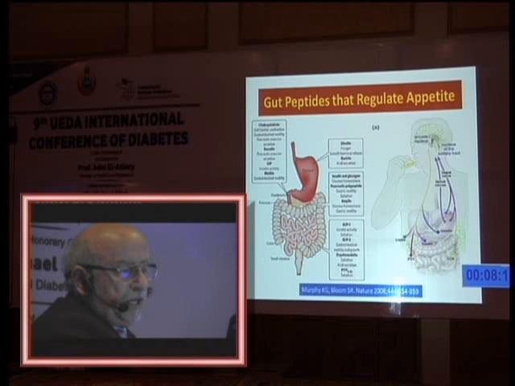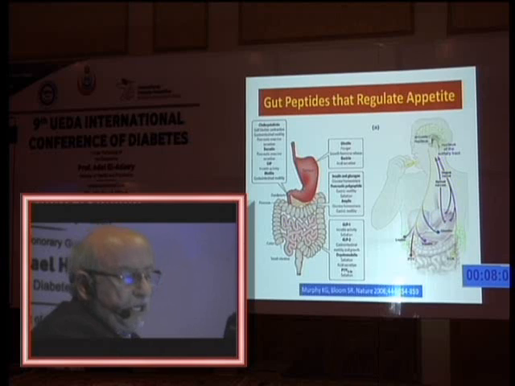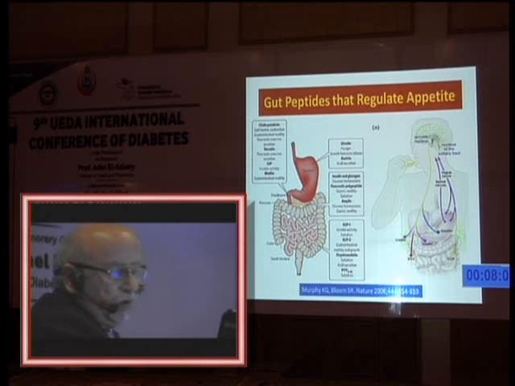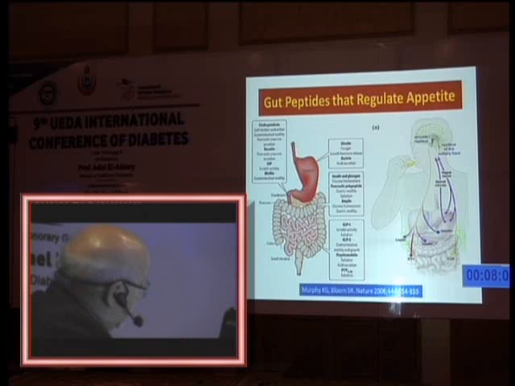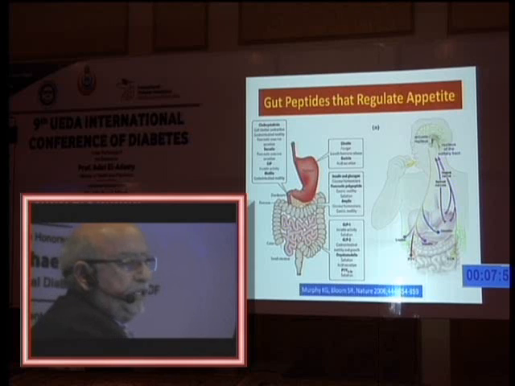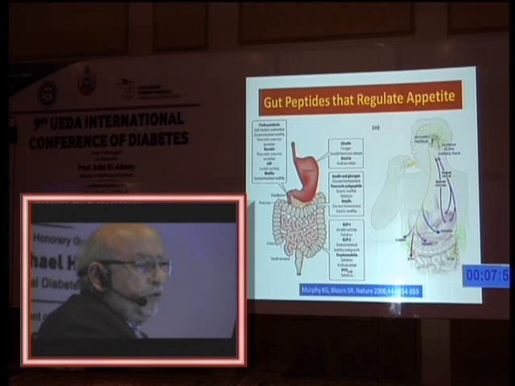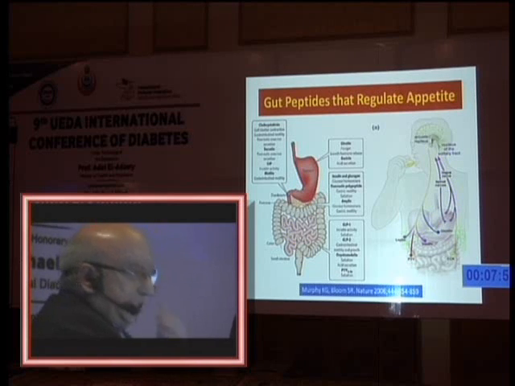Insulin, glucagon, pancreatic polypeptide, and amylin are produced by the pancreas. GLP-1, GLP-2, oxyntomodulin, and PYY are produced by the GI tract, and each one of these has its function. In addition to cholecystokinin, secretin, GIP, and motilin.